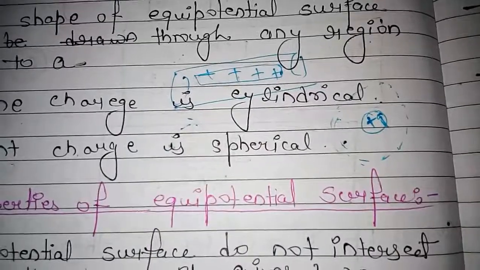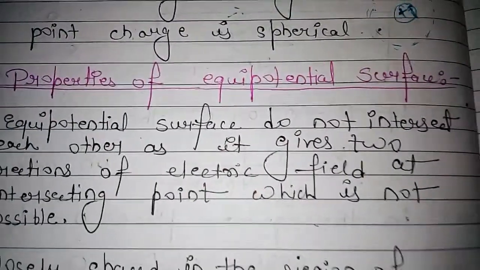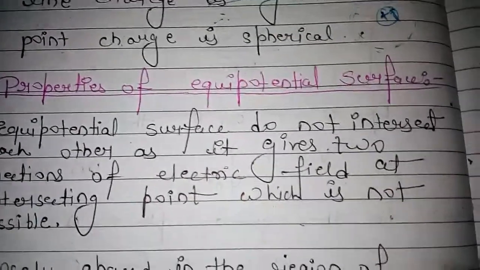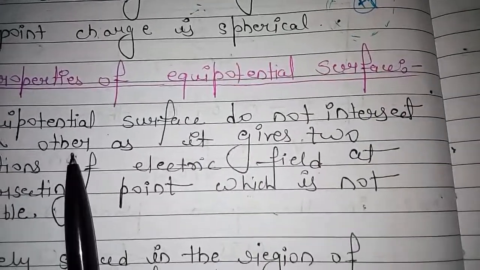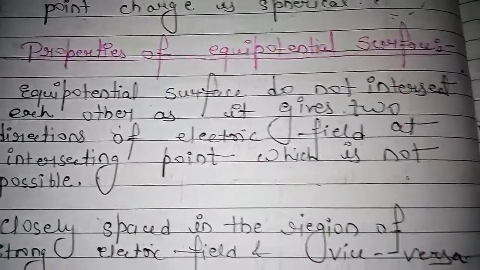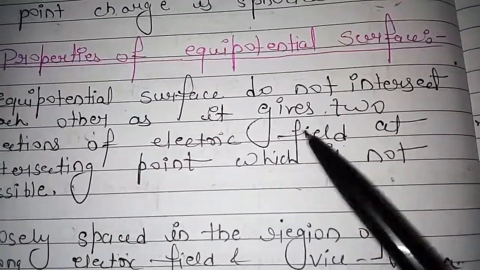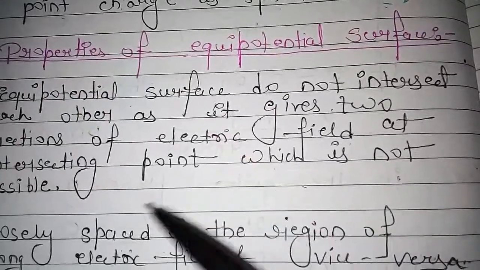Now see the next topic, properties of equipotential surface. What is the first property? Equipotential surfaces do not intersect each other, as it would give two directions of electric field at the intersecting point, which is not possible.